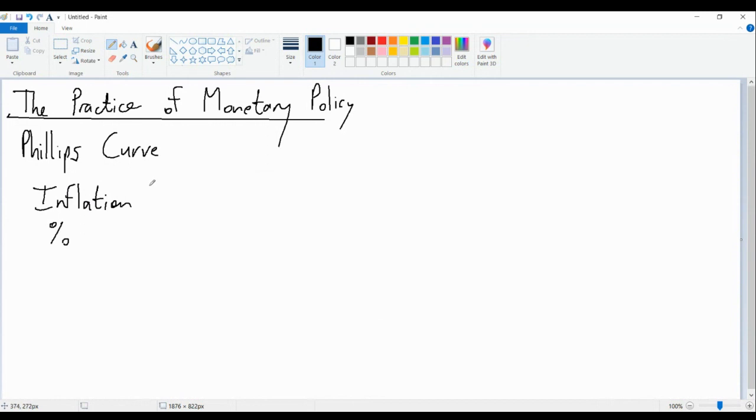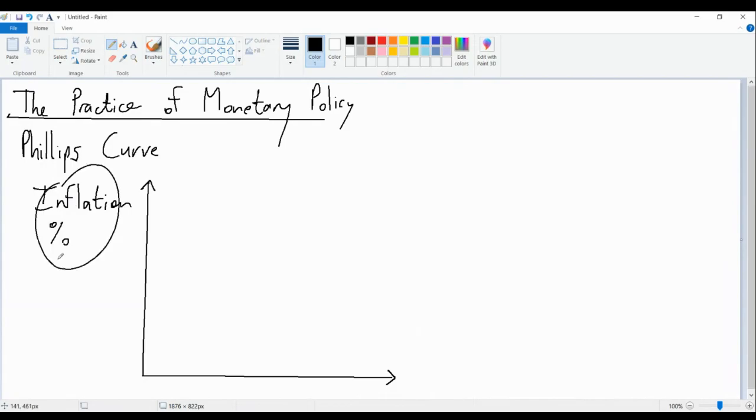But another thing that the Fed might want is to make sure that the economy doesn't grow too slowly. In other words, they fight recessions. Another, which is kind of the same thing, is that they don't want too many people out of work. So there are two things that the Fed might care about. One is inflation, and the other is unemployment.